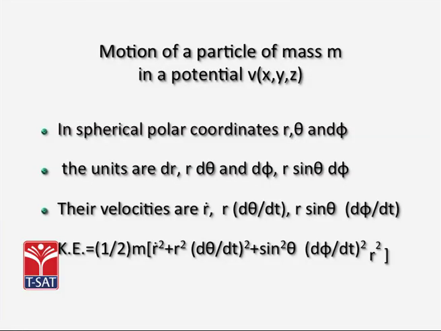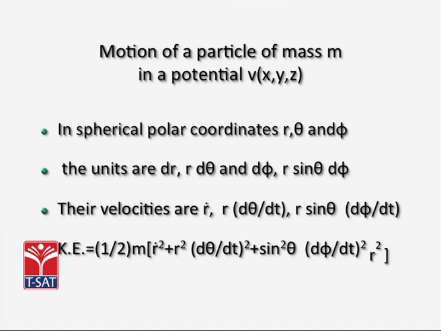We will try to see yet another application of Lagrange's equation to a mass small m in a potential V as a function of x, y, z. In spherical polar coordinates r, theta and phi, the units are dr, r d theta and r sin theta d phi.